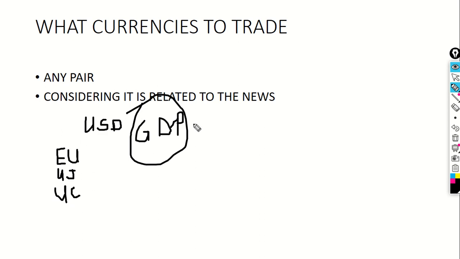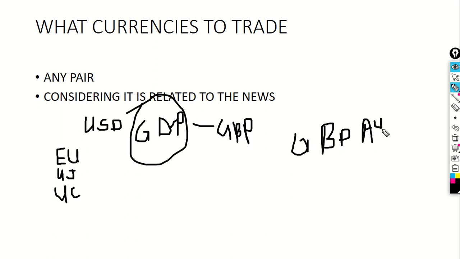So also when the news is for pound, it's written pound CPI. You want to trade the news on pound pairs, so you get pound, maybe pound AUD, you trade that.